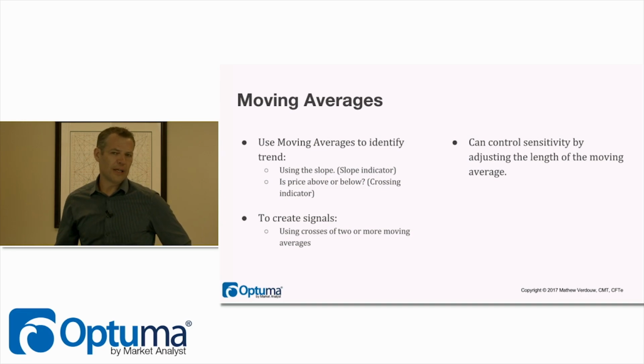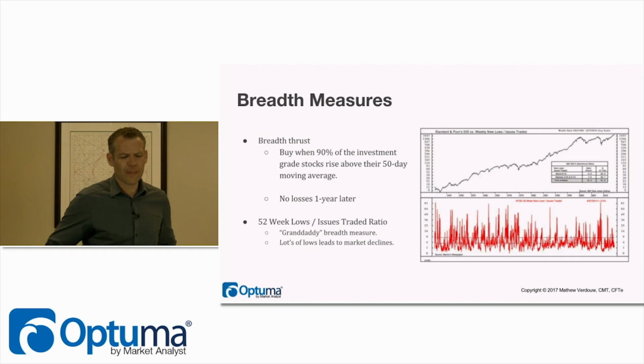We talk a lot about that in CMT2, how we can have many different ways of signaling buy and sell signals based on that as well. Obviously, we can control sensitivity of moving averages by adjusting their length. The slower moving averages, with a larger count of bars, are going to react slower, but they're more confirmed, and so there's less whipsaw going on. Can also use multiple moving averages as well, as we've all talked about already.